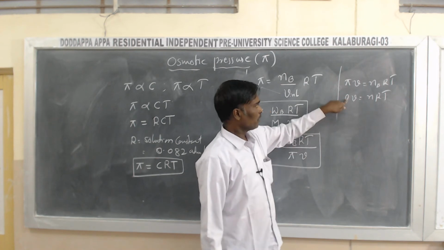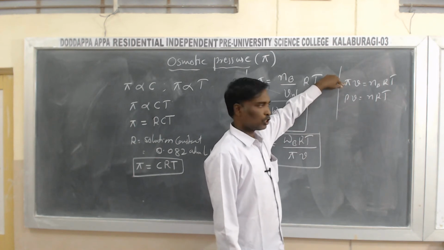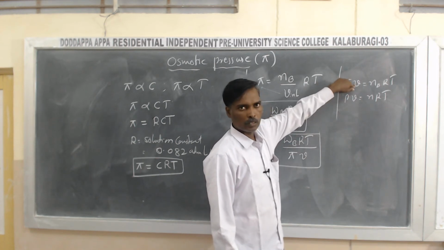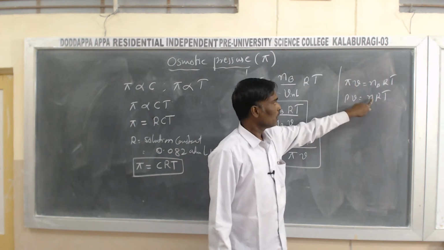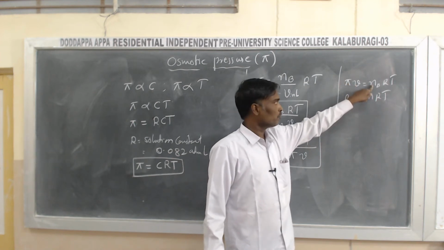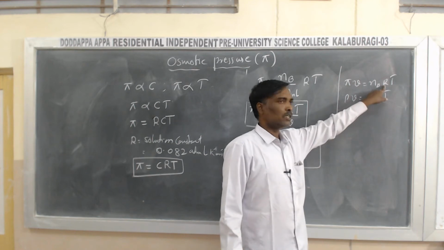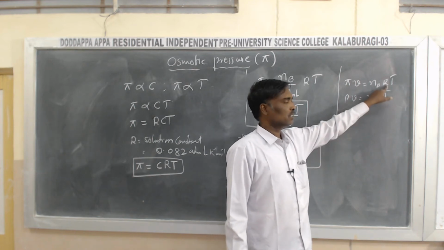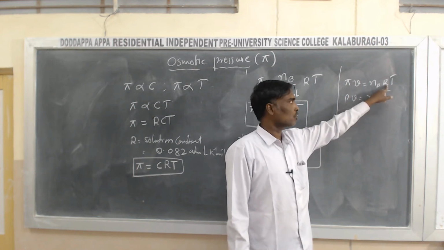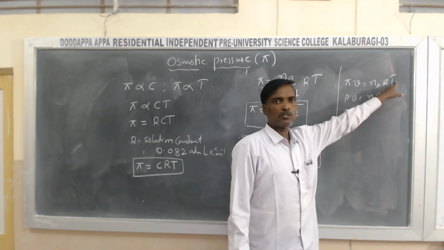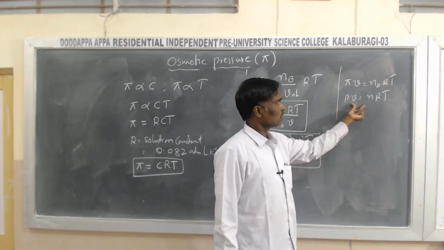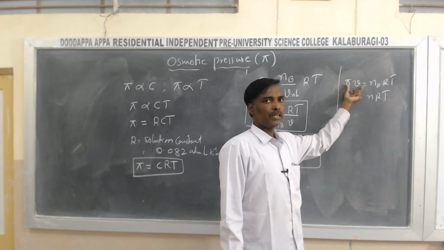Where P is the pressure, here pi is the pressure; V is the volume; n is the number of moles; R is the gas constant, here R is what we define as the solution constant; T is absolute temperature, and here it is also absolute temperature. This equation exactly looks like our ideal gas equation.